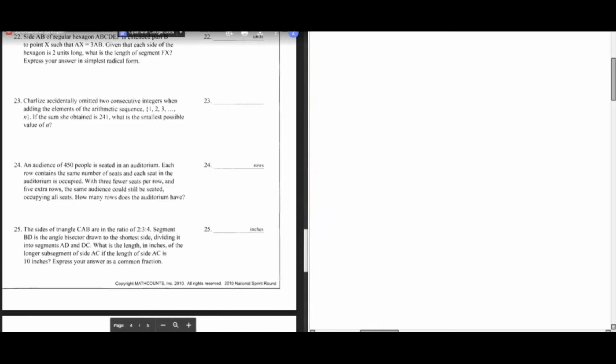So, we would have 450 equals, right. So you get xy equals 450, and then 450 equals (x minus 3)(y plus 5).